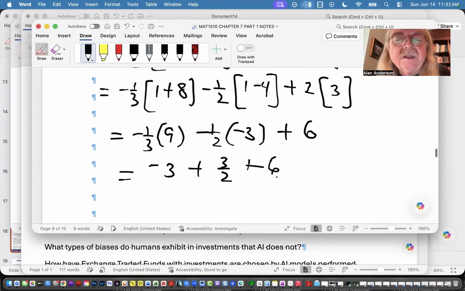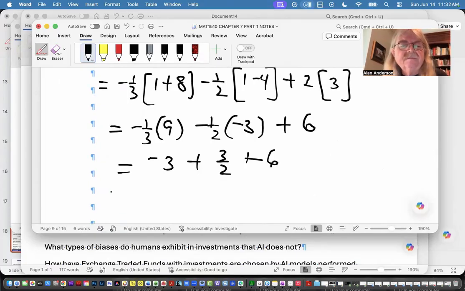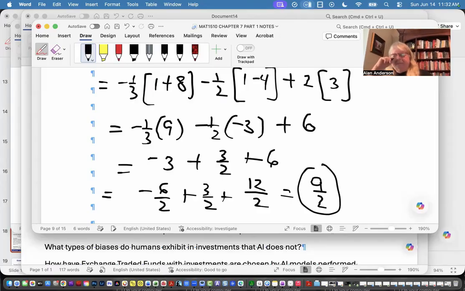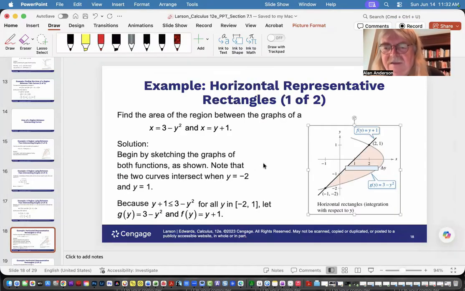If we convert these all into halves, we have 9/2 again. Okay, now what's going on here?